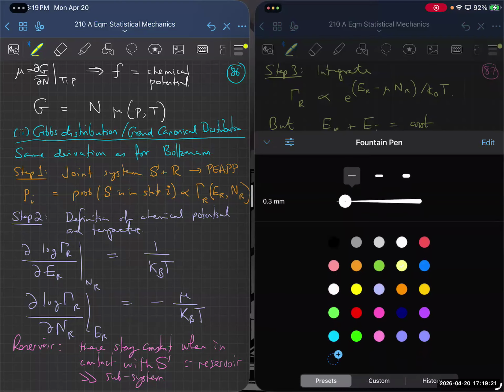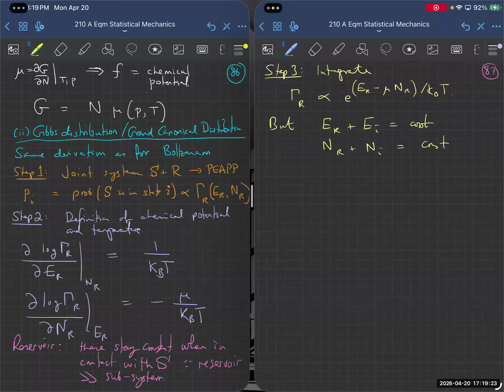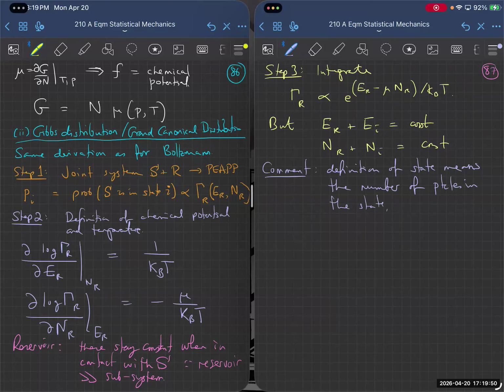So therefore, remember, notice now, a comment: the definition of state means the number of particles in the state and then the state itself.